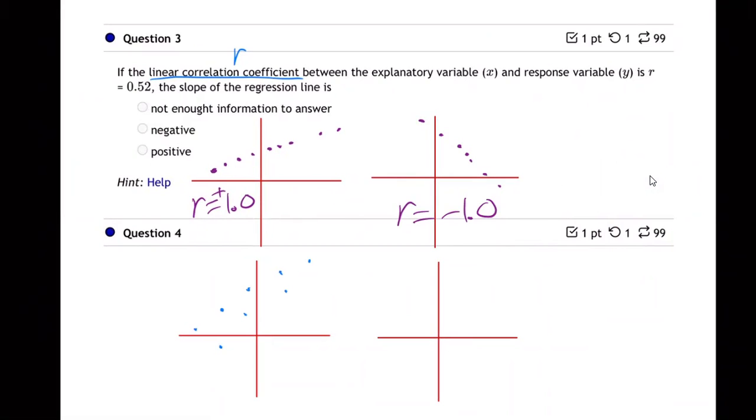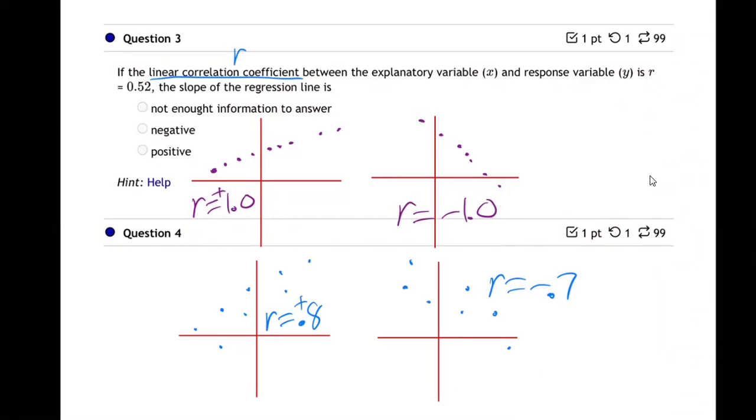So they're kind of a straight line, but they're not perfect. That would be R is maybe like, I don't know, 0.8 positive. And if the dots go downwards in kind of a somewhat looser way, that might be R is negative 0.7 or something. You know, they're a little looser.